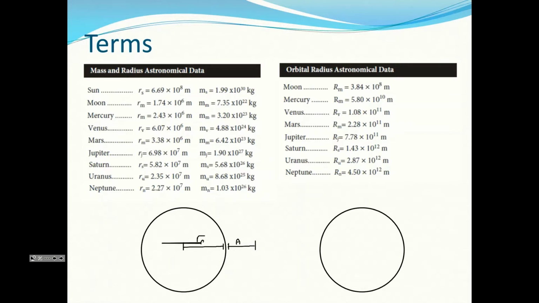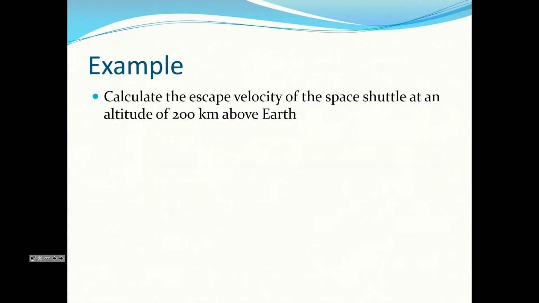So this is the radius of the planet. But when we're talking about orbital radius, that's if we're talking about a satellite orbiting around, this is our orbital radius. And this is always r in the formula. So we have the radius of the planet, the orbital radius, which is r, and then we have altitude, all of those. Okay, so make sure you know which one is which.